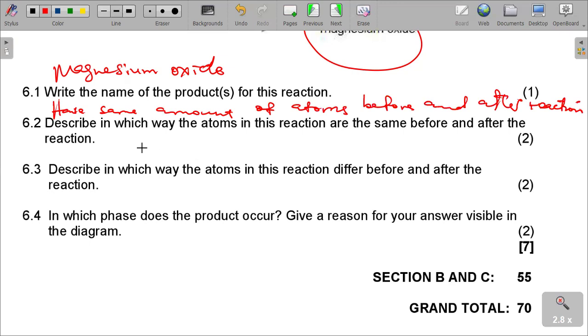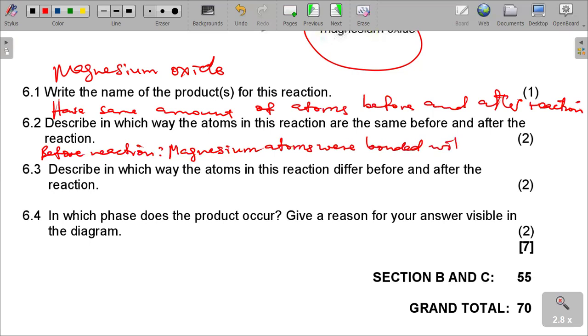Before the reaction, the magnesium atoms were bonded with each other, and all the oxygen atoms were bonded with each other.